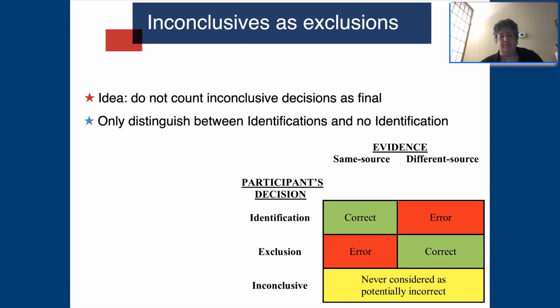So one way to go is to not count inconclusive decisions as final and only allow identifications and no identifications. So rather than talking about exclusions and identifications and inconclusives, we can say an exclusion is not an identification.